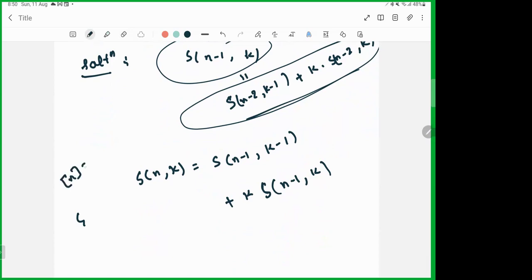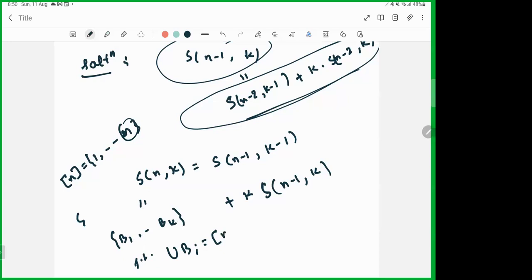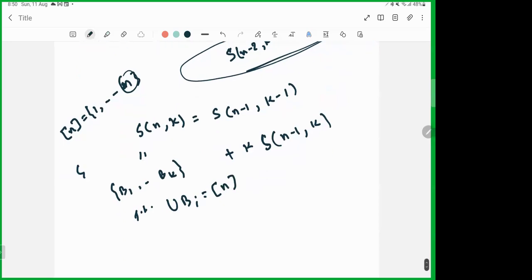You have a set {1, 2, up to n}. This is an n cardinality set. Fix any element n. If you are constructing k blocks, that means you are constructing k sets b1, b2, ..., bk such that the union of the bi is the full set and the intersection of the bi is empty. So what will happen?